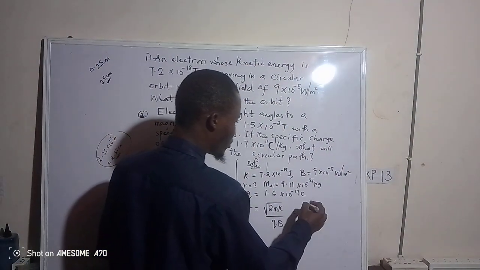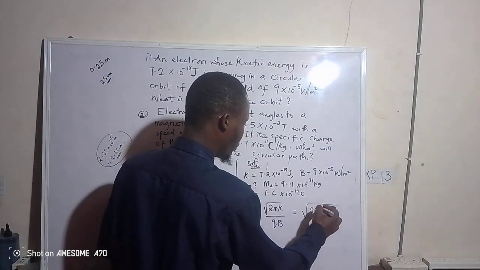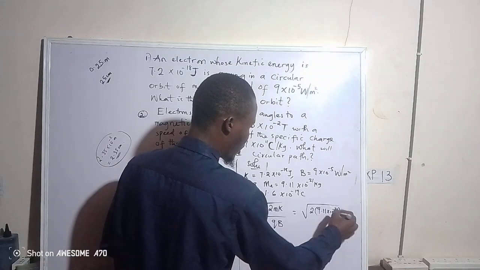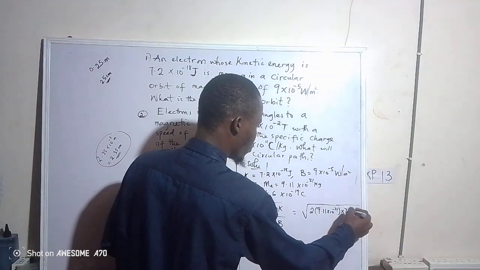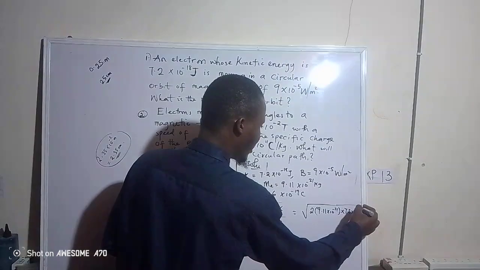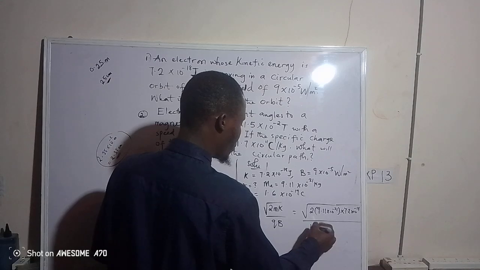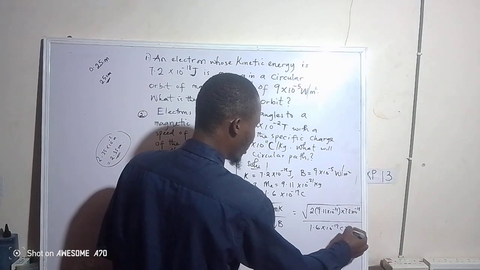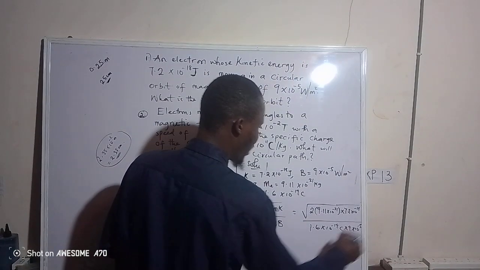The radius becomes the square root of 2 times the mass of an electron, 9.11 times 10 to the power of minus 31, times the kinetic energy, 7.2 times 10 to the power of minus 18, everything over the charge of an electron, 1.6 times 10 to the power of minus 19 coulomb, times the magnetic flux given to us, 9 times 10 to the power of minus 5.